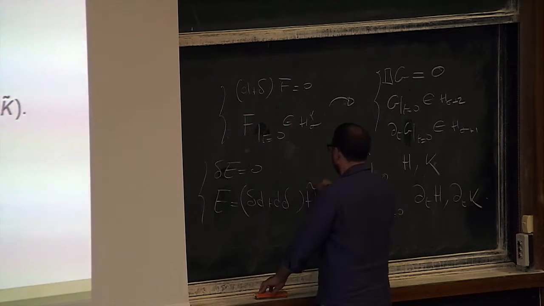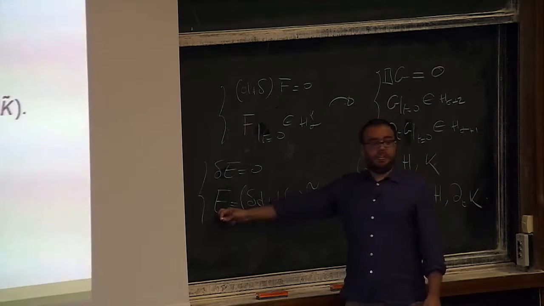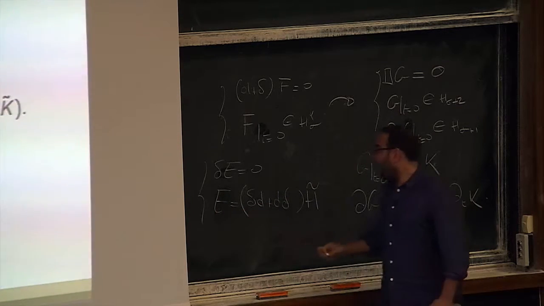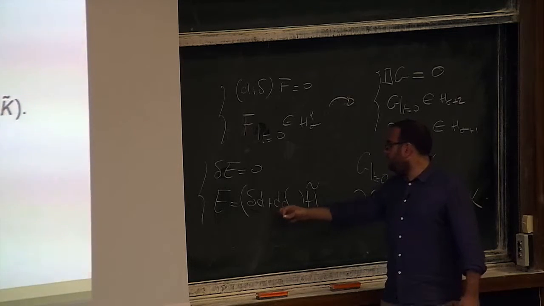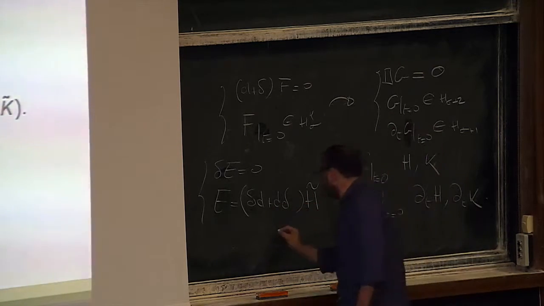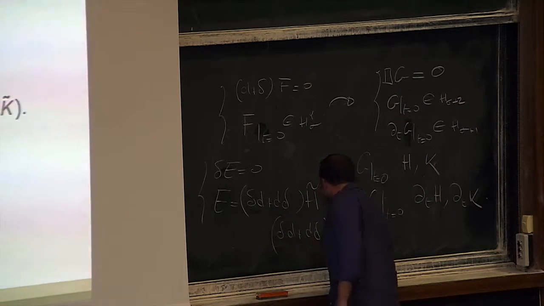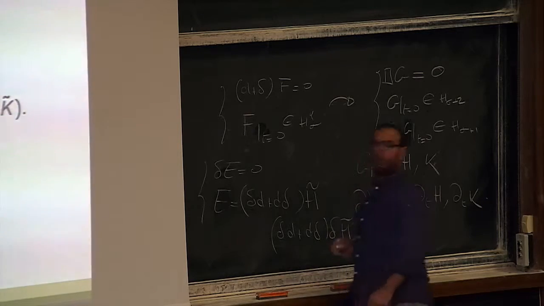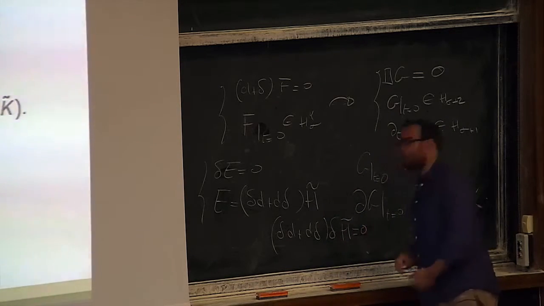I don't remember, I think I've denoted this H tilde. If I'm applying delta here, I'm killing this part, okay? Remains delta D delta of H tilde, but delta D delta of H tilde can be transformed into delta D plus D delta of delta H tilde, okay? So this is vanishing as well using the constraint equation.